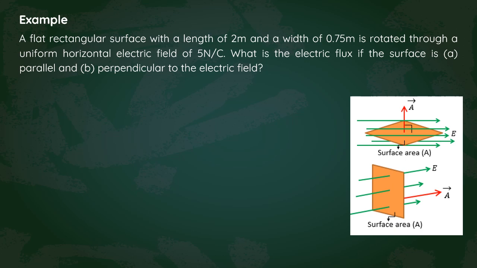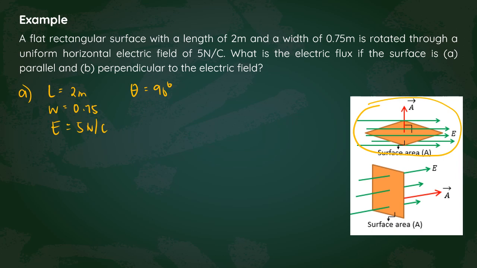For A, if the surface is parallel to the electric field, then the area vector will form an angle of 90 degrees. So for letter A, we have the length of the rectangle, 2 meters, the width, 0.75 meters, the electric field, 5 newtons per coulomb, and the angle is 90 degrees.